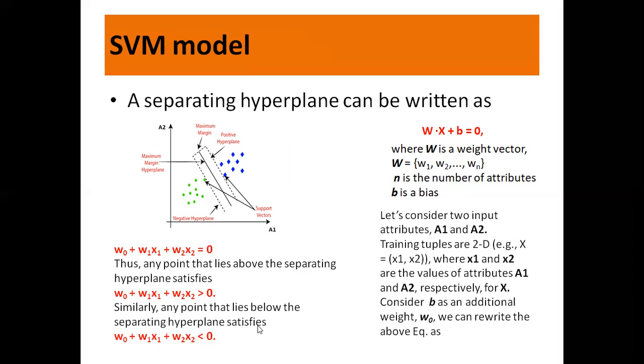Similarly, any point that lies below the separating hyperplane, so this is above the separating hyperplane and this is below the separating hyperplane, then w0 + w1x1 + w2x2 < 0. The value is negative here, the value is positive there, right? So positive hyperplane and negative hyperplane.